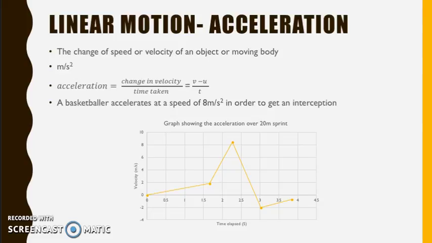In the first 1.6 seconds, they accelerated at 2 meters per second squared, which then increased further to 8.5 meters per second squared at 2.25 seconds, before decelerating at a rate of minus 2 meters per second squared and continuing to do so at minus 0.6 meters per second squared.